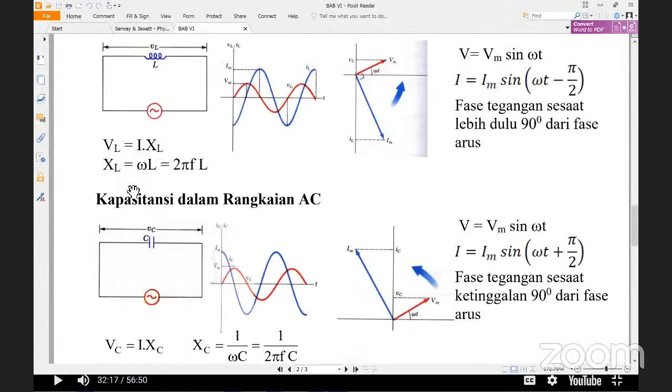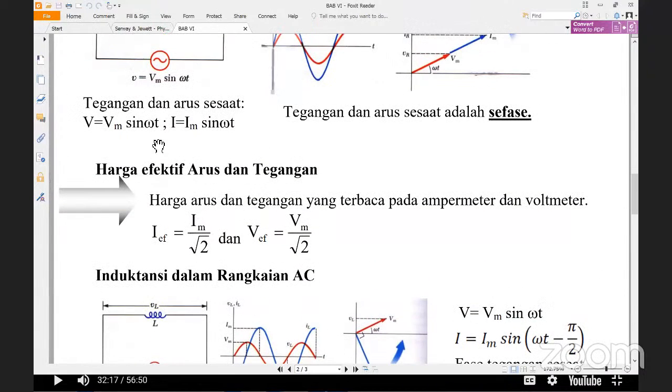Now we should talk about this one: the effective value of current and voltage.